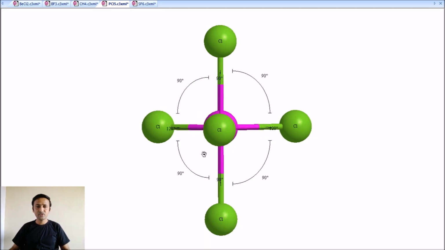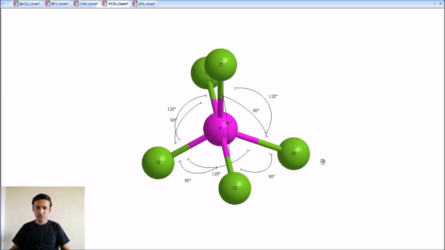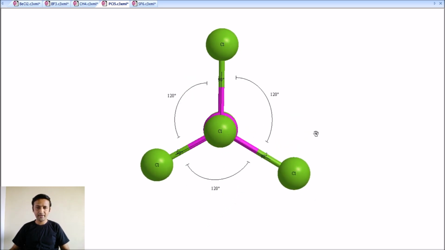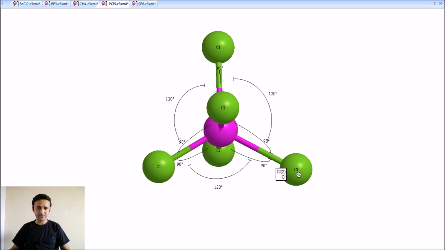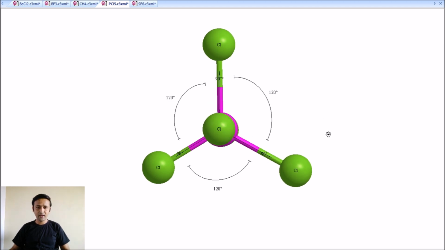You can see this geometry is TBP, or Trigonal Bipyramidal geometry. At first, let me take a plane, which contains 1 phosphorus and 3 chlorine atoms. In the plane, you can see some angles: we have 3 120 degree angles in the plane of Trigonal Bipyramidal geometry.